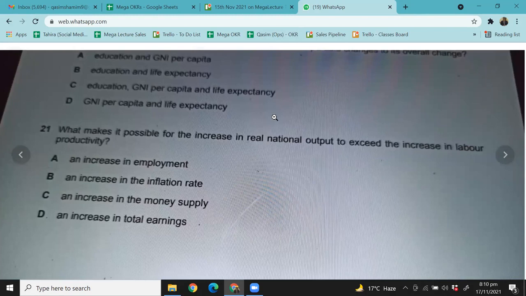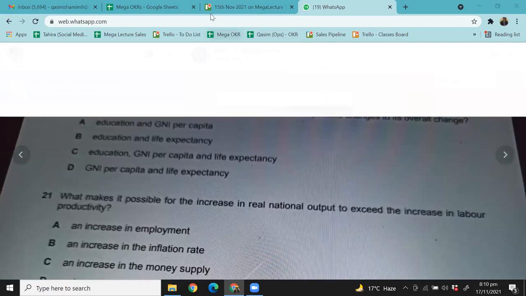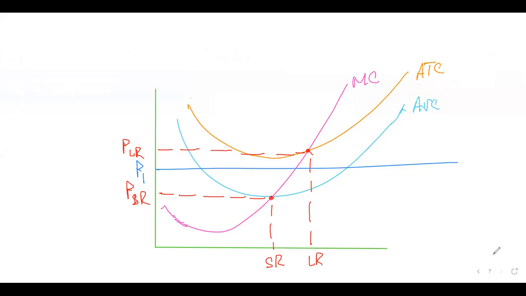So Isha, think about this. What is real national output? Real national output is basically the real GDP, right? GDP is national output, which we call national income. And when we use the word real, this means it has been accounted for inflation. Arbab, listen to this.